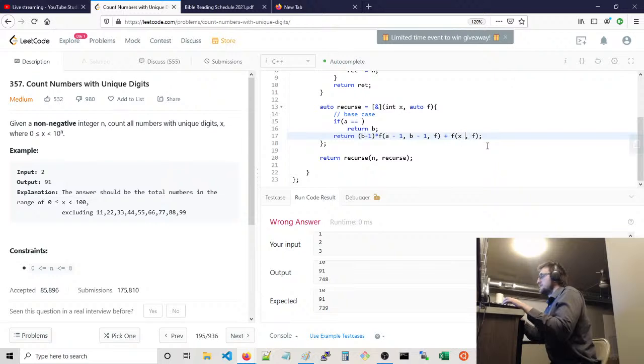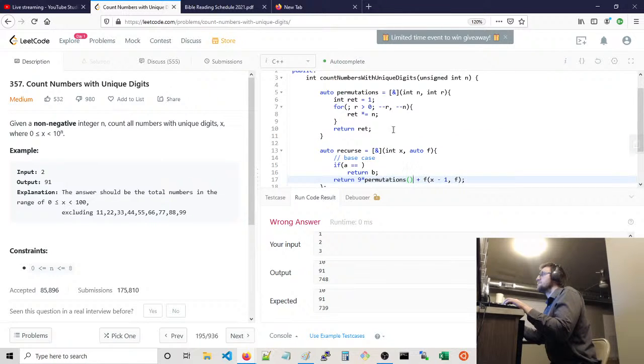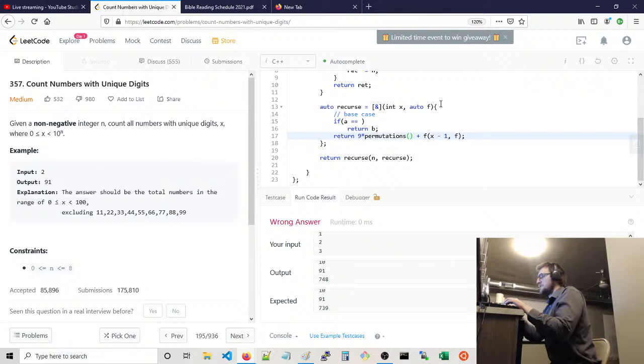So it's x minus 1, and it's going to be 9 times permutations of n and r is, it's 9, and r is the next thing, which is, what did we say r was?